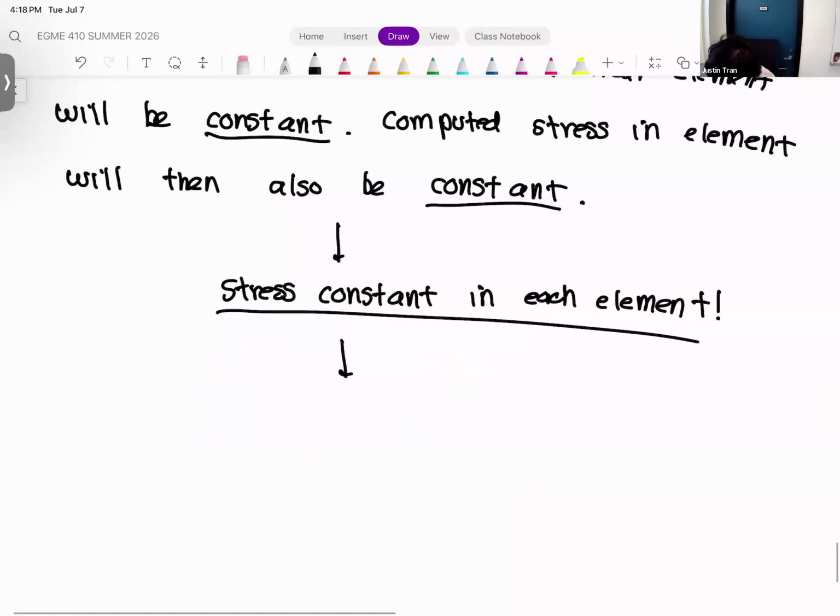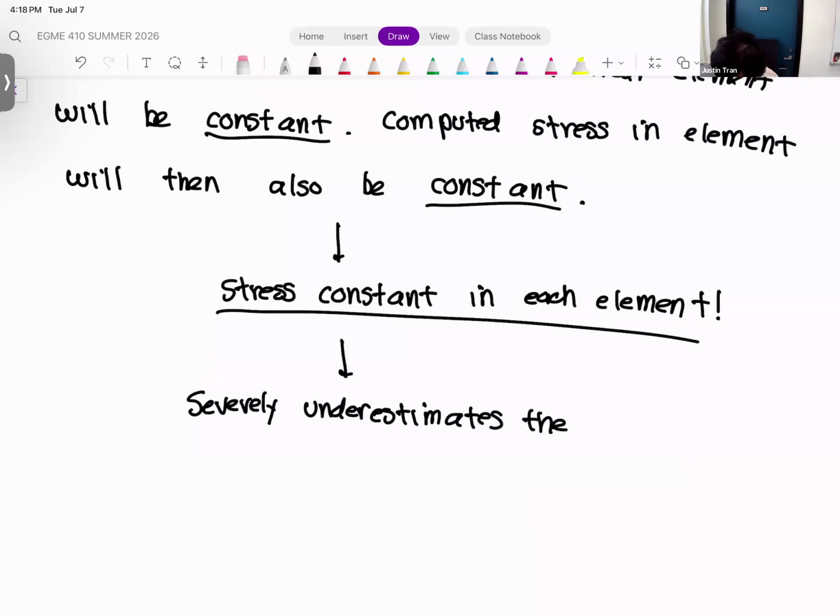And so when you have constant stress elements, this severely underestimates the deformation. If you have shear locking occurring, your deformation is going to be severely underestimated, which visually, if you look at your structure, almost looks like the structure is locking up on itself.